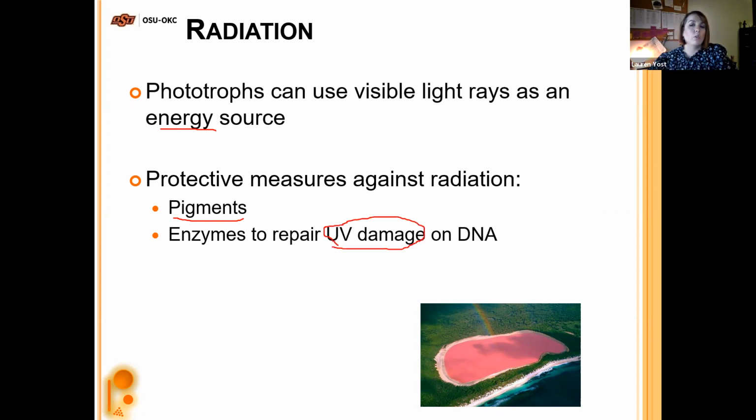As the ultraviolet rays start causing problems between the base pairs in the rungs of the ladder, instead of the base pairs pairing this way, sometimes some of them will pair with the one next to it. And that's what happens with UV damage. That causes problems in DNA replication and so on. So they have to have the ability to deal with that.